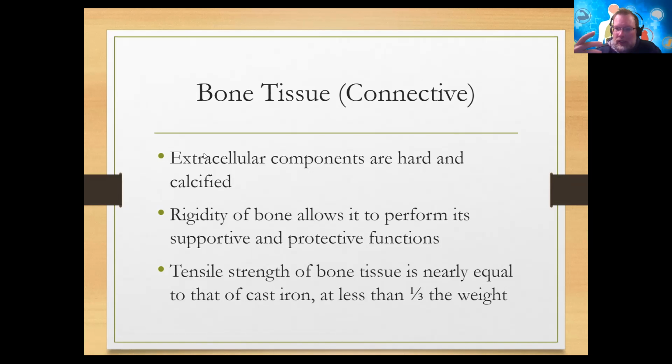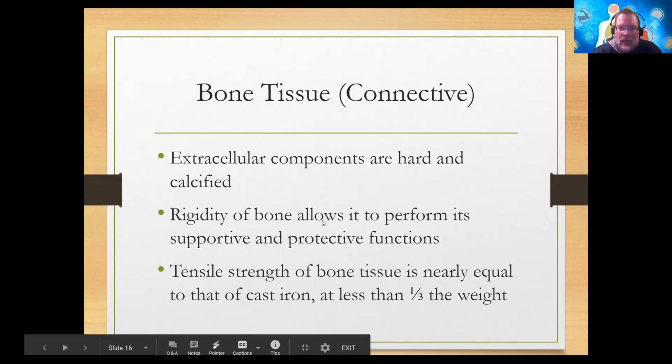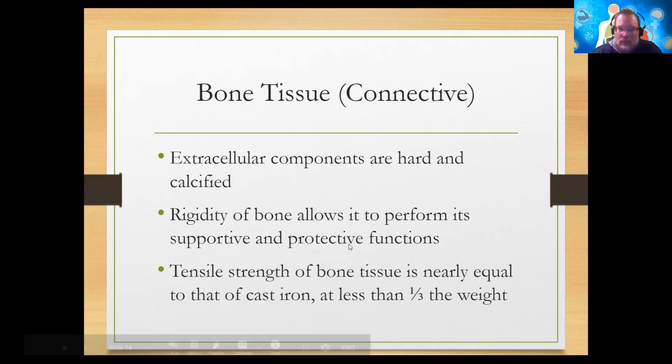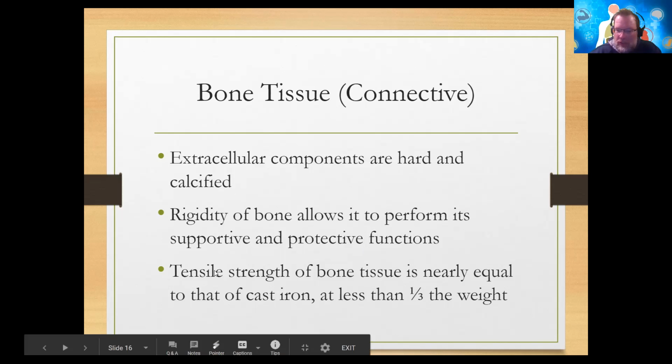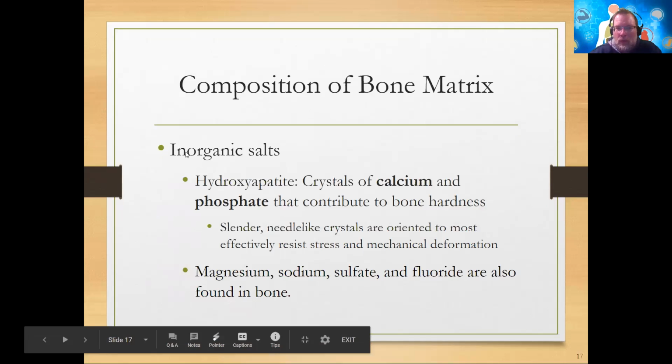The extracellular portion, so we're talking about the matrix here, outside of the cells, is going to be hardened and calcified, and that rigidity or that calcification is what provides all of that supportive and protective features. Plus, it gives a lot of strength to the bone. What's in the matrix?